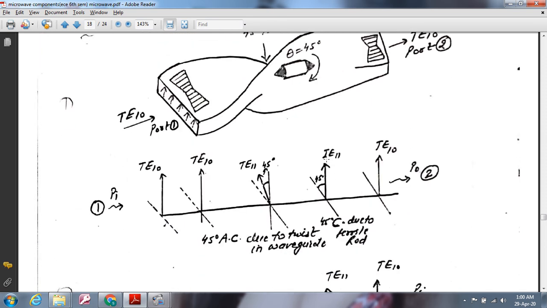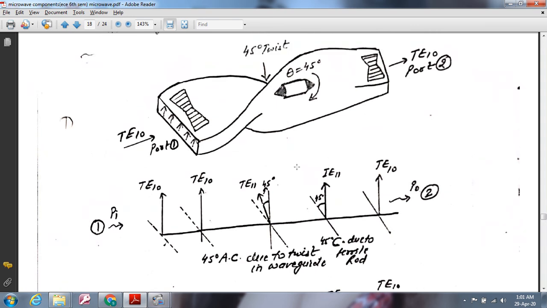Now we see that in the case of the isolator, the wave is going to travel from this side to this side, but no output is received if the input is given at port number 2 and output is seen at port number 1.